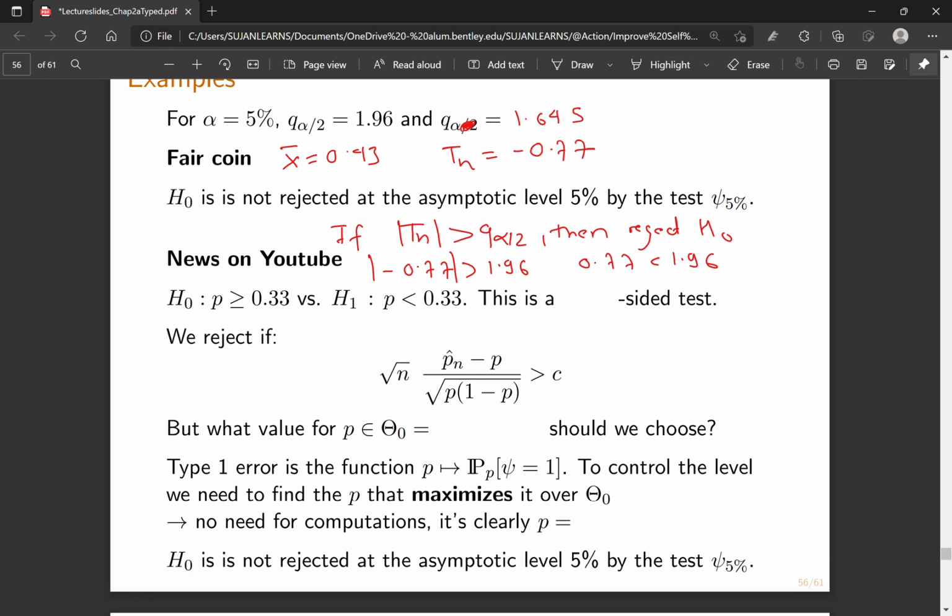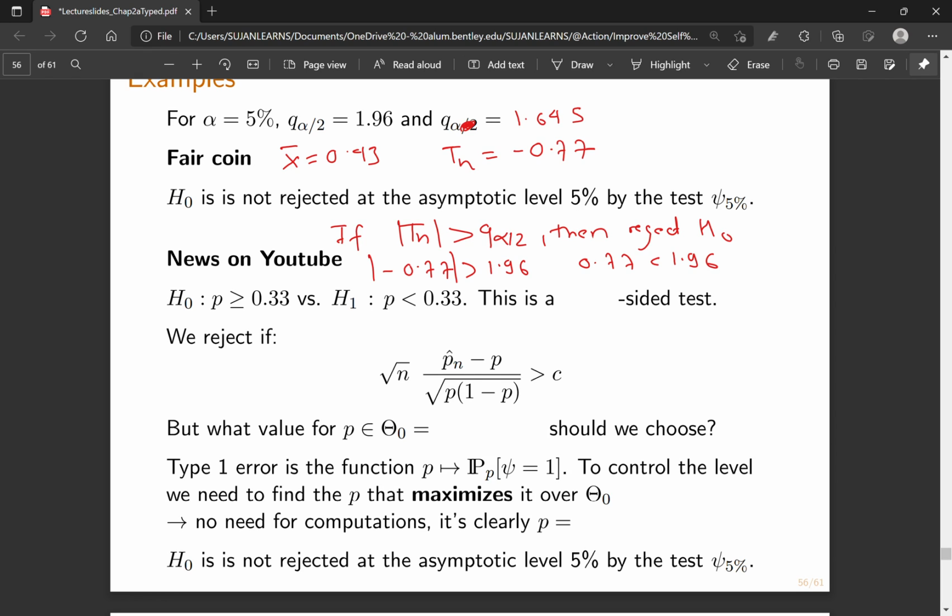Now, what we're asking here is: is 32% significantly smaller than one third? We have the one third value on one hand, and we're asking whether the share of people taking news from YouTube is significantly less than one third. So this is the test.